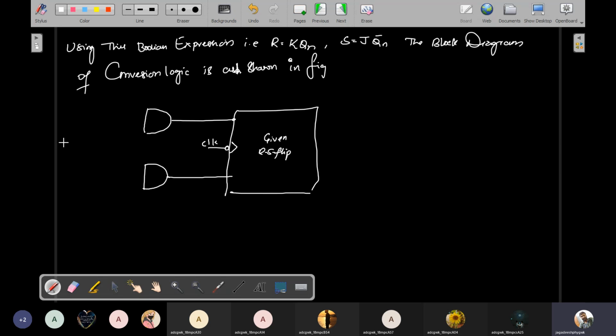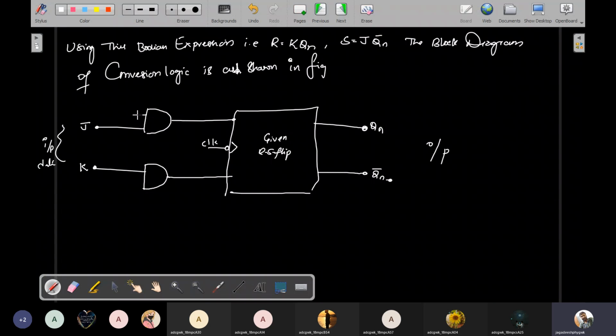And this is the clock pulse, CLK. Okay, and simply one terminal is connected to J, and one AND gate terminal is connected to K. So these are the input data. Okay, and you will get this Q value as output, and this is Qn and Qn bar. So these are the outputs.